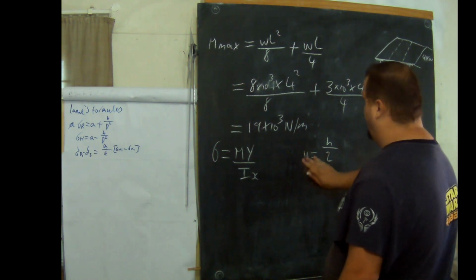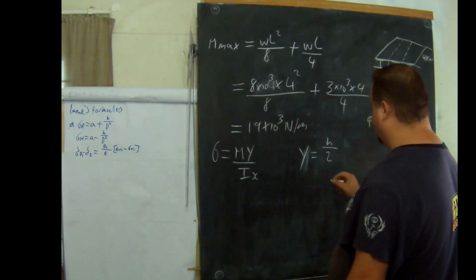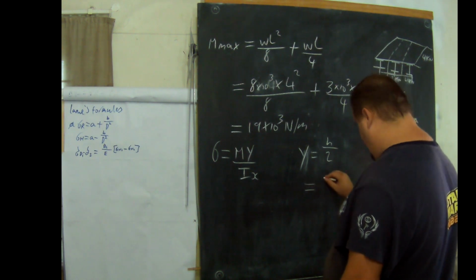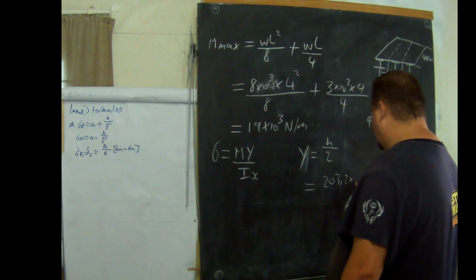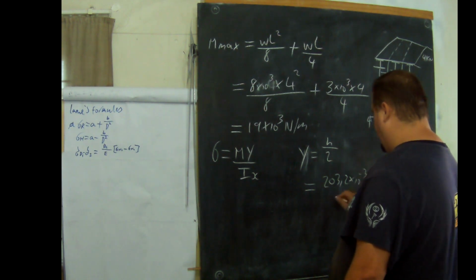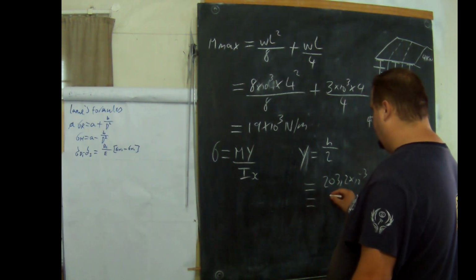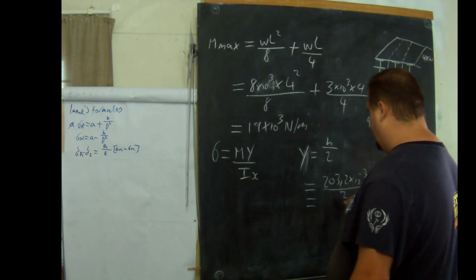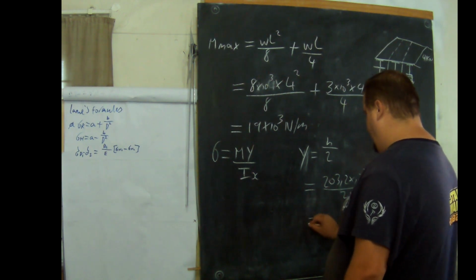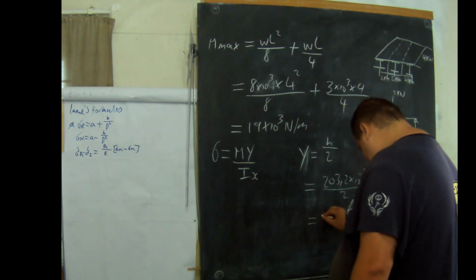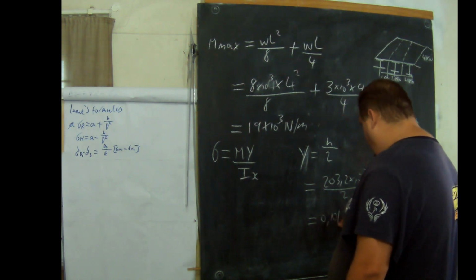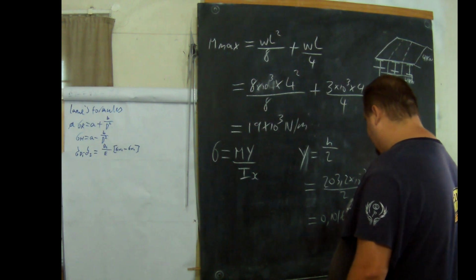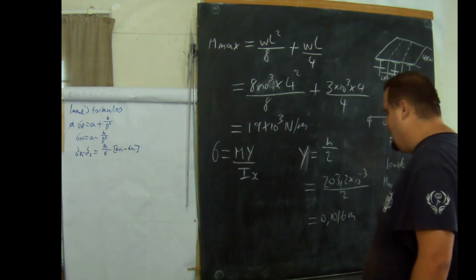So Y equals H over 2 times 10 to the minus 3 equals that divided by 2, and that will equal 0,1016 meters.